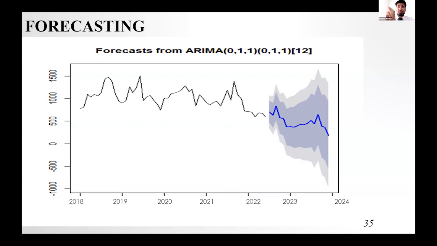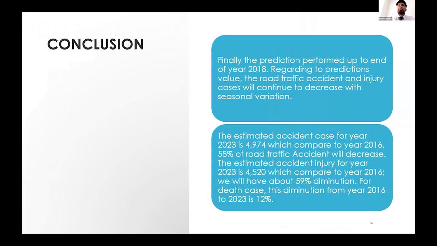So the last prediction is going down, decreasing the deaths by accidents, and in the conclusion we have good results, and we can tell companies, especially insurance companies, that accidents here are going down.